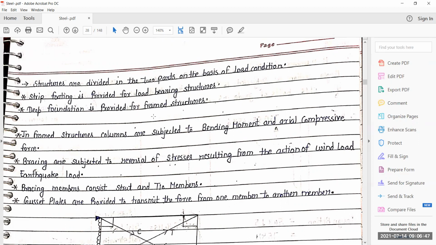Deep foundations are provided for framed structure. In framed structure, columns are subjected to bending moment and axial compressive force. Bracing is subjected to reversal of stress resulting from the action of wind load or earthquake load. Bracings are considered as strut and tie members. The gusset plate is provided to transmit the force from one member to the other member.